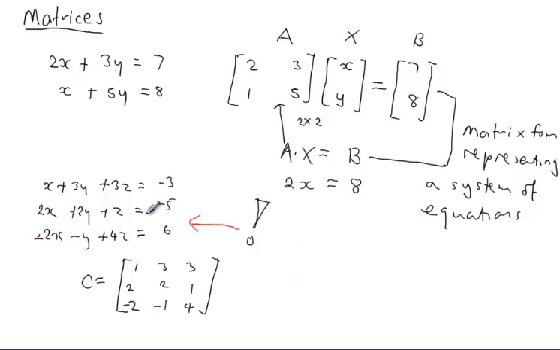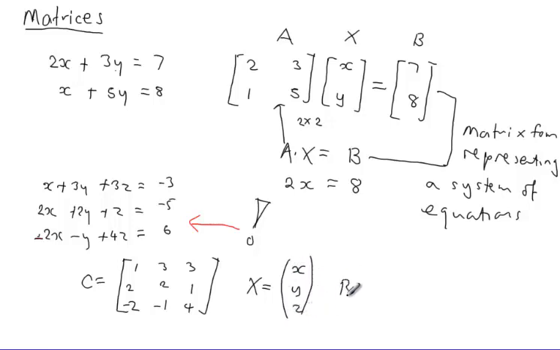This solution will not change if we swap the equations around, or we multiply an equation by a non-zero coefficient. The solution x, y, z will still be the same. So now the matrix of the unknowns would be x, y, and z.